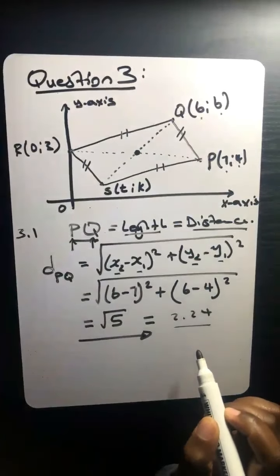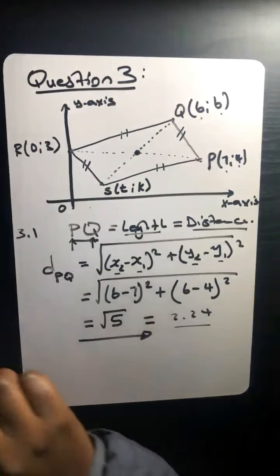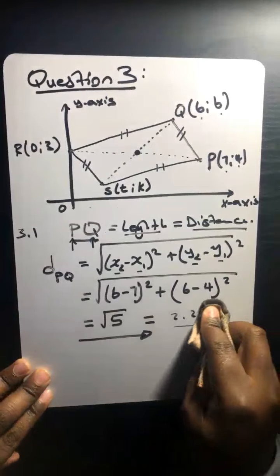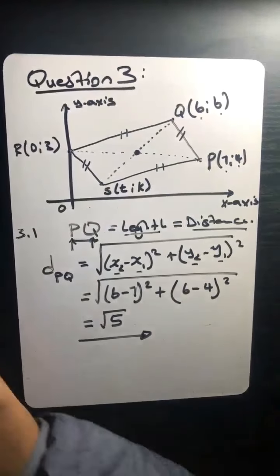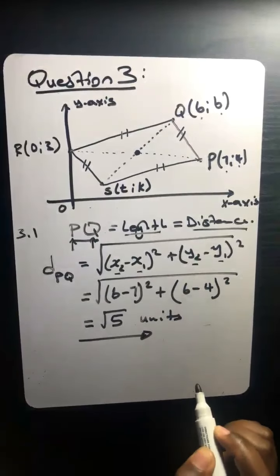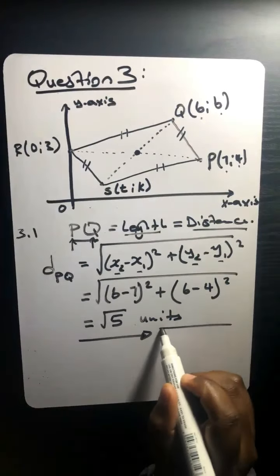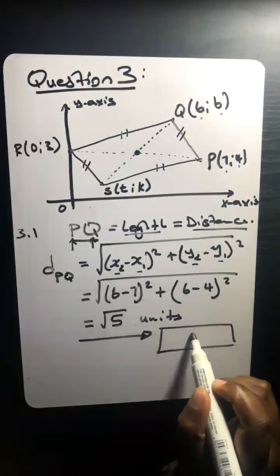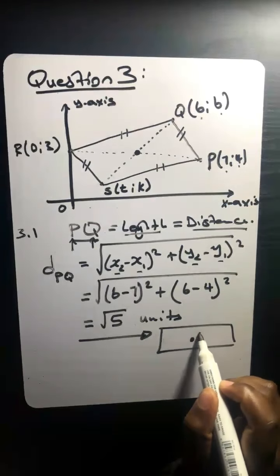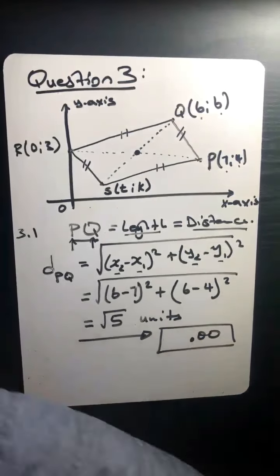But the question specifically said in surd form, so you will leave it as that. And most importantly, because this is a distance or length, just say units. And most importantly, guys, if they wanted it in the form of a decimal, just round your final answer correct to 2 decimal places, unless they specified.